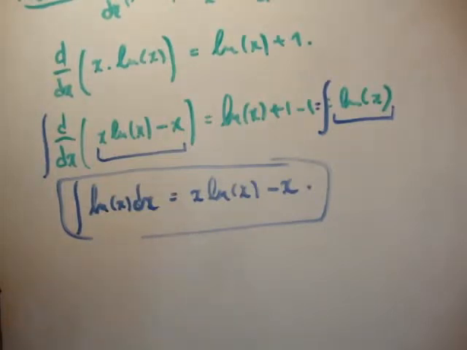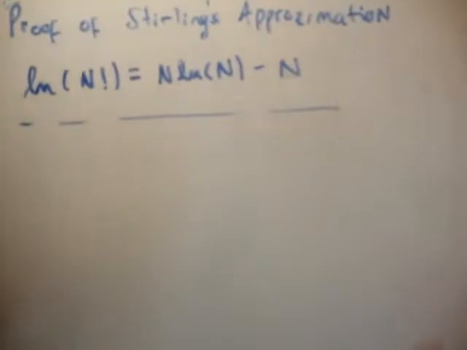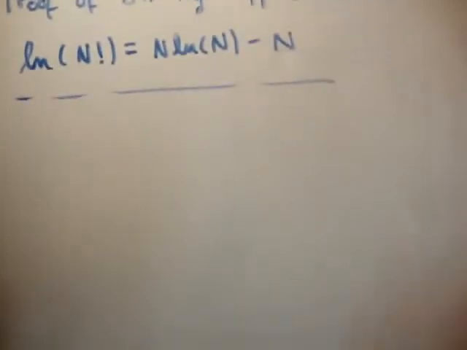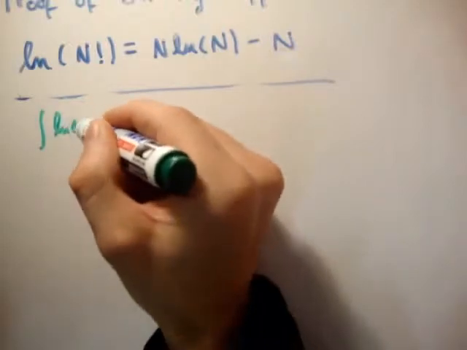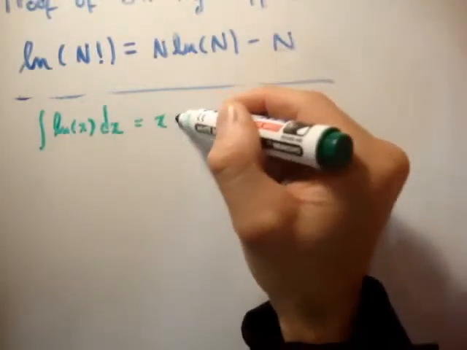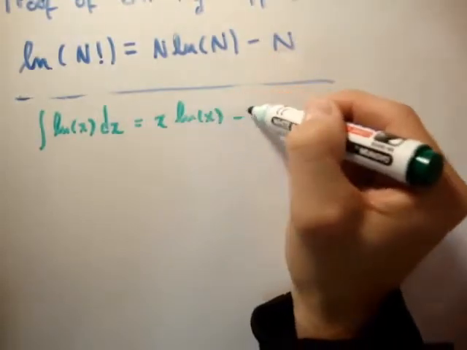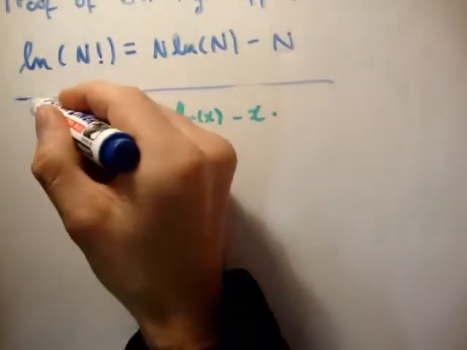So the question is this: what can we do with this particular integral? Is there anything? Let's go ahead and evaluate the integral. So I'm going to note what we are after seeing, that the integral of the natural logarithm of x with respect to x is equal to x natural logarithm of x minus x. So let's go ahead and evaluate this between 1 and n.